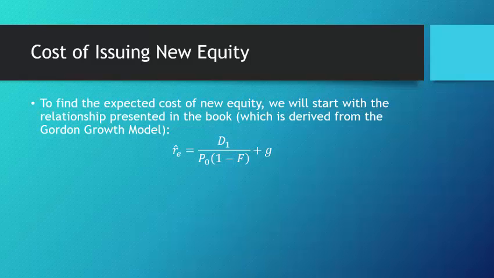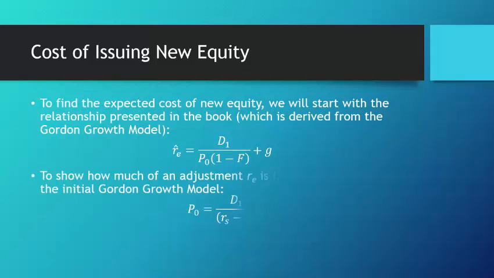Now, that's where we're starting this story, but P sub 0 is not what the company gets. The company gets P sub 0 times 1 minus F for the flotation costs, the same thing we were talking about with our preferred stock. To show how much of an adjustment R sub E is from R sub S, let's return to the initial Gordon growth model, P sub 0 equals D1 over R sub S minus g.